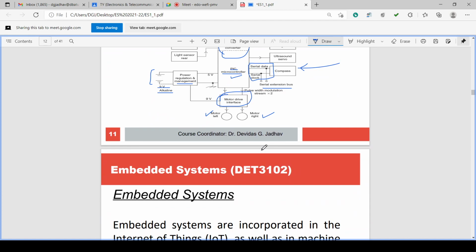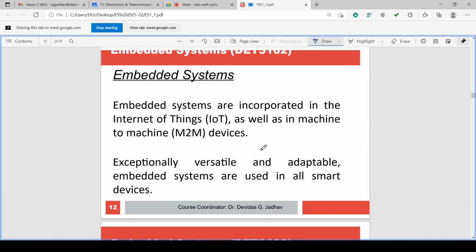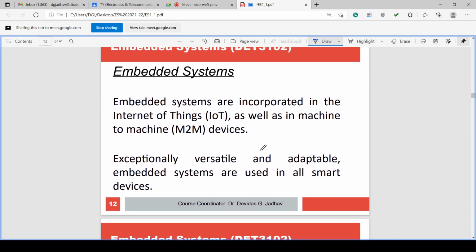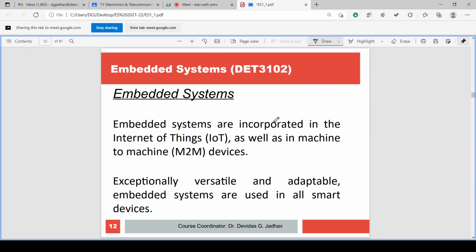So this is the block diagram for the embedded system. As we know, embedded systems are incorporated in the Internet of Things or machine to machine, M2M, devices. What do you mean by that? Internet of Things, what do you mean by that? The thing is connected to the Internet.